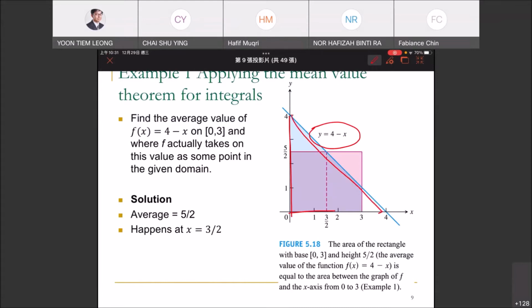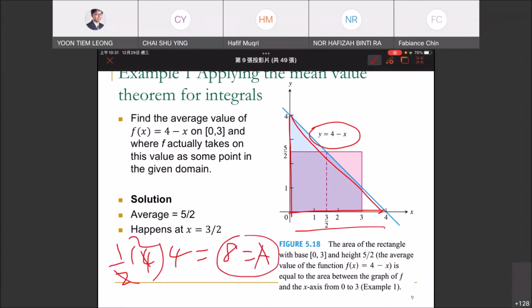The area of the triangle is equal to half times the height, which is 4, times the base, which is also 4, which is just equal to 8, right? So the area has a value of 8, which is the area of the function defined between 0 and 4. Then can you find me the average of the function?